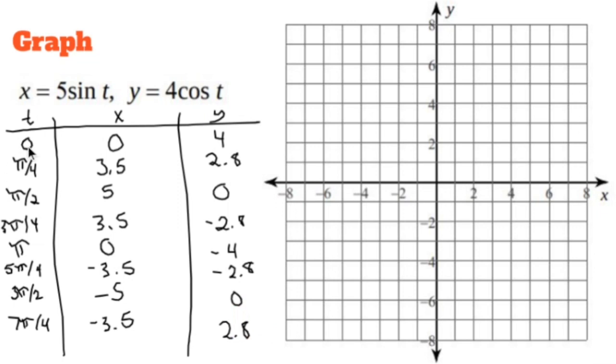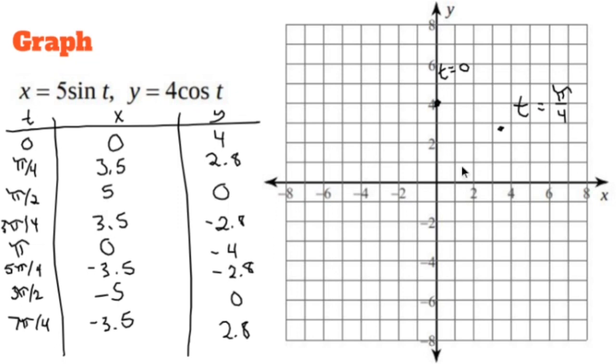And as I graph them, I'm going to say where my t was. So 0, 4 lives around here. t was 0 for this one. 3.5 lives here-ish. 2.8 lives here-ish. And t was pi over 4 for that one.